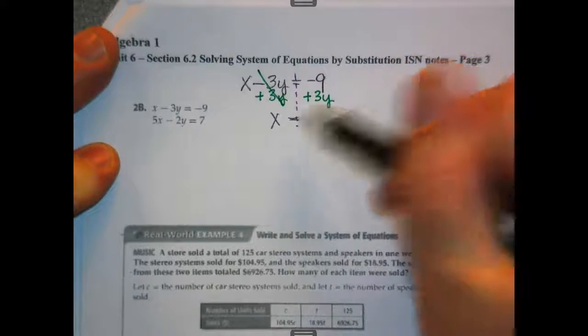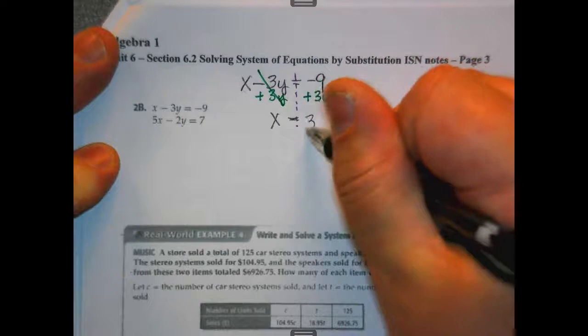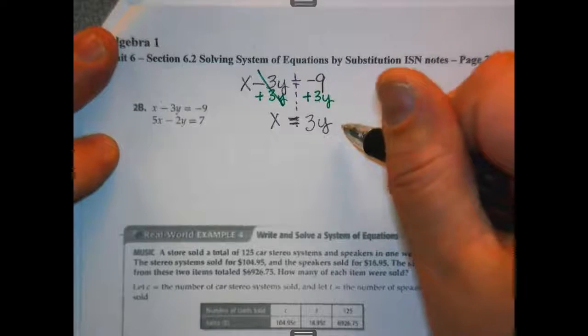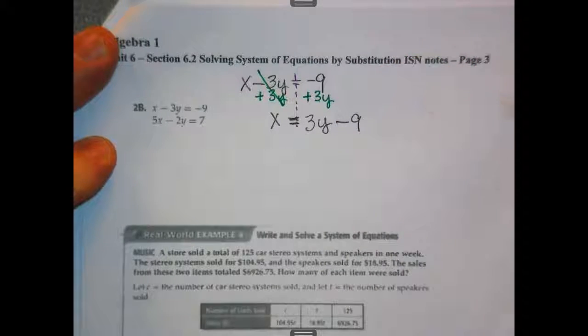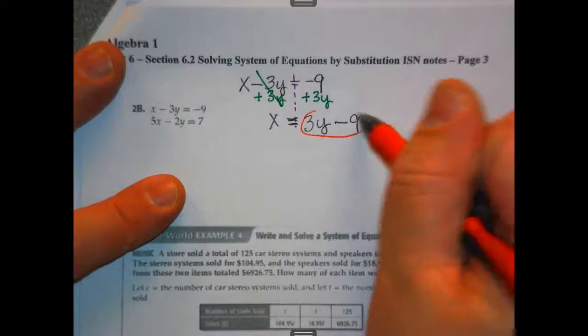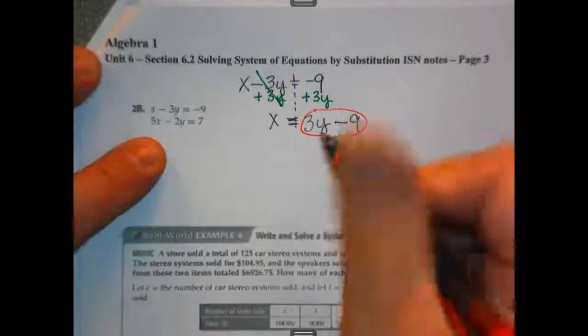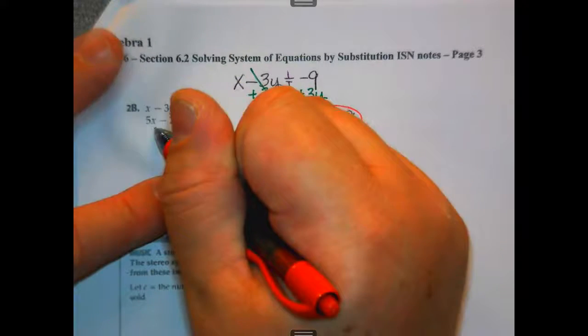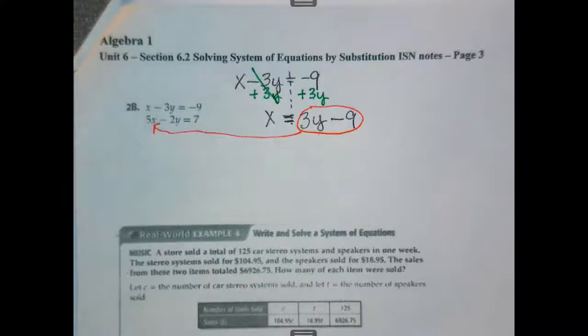And I'm going to put my y term first. I don't have to, but I like my variable term first. So this is what x is equal to. Now we have to be careful. Okay? We're not going to substitute it in for y. We're going to substitute it in for x.